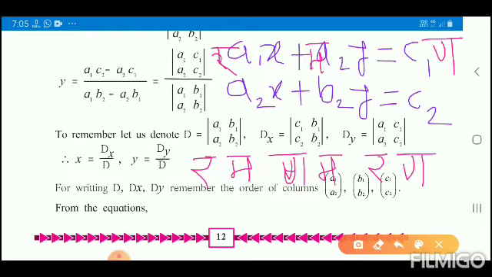Otherwise 12, 31 and 13. Whatever method you can use here to keep these things in mind, it depends on you.